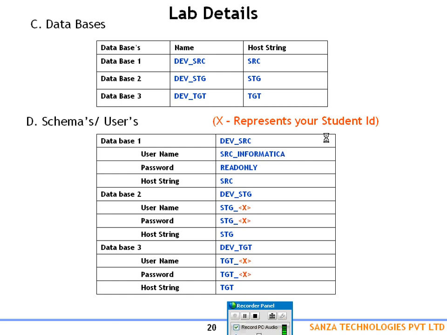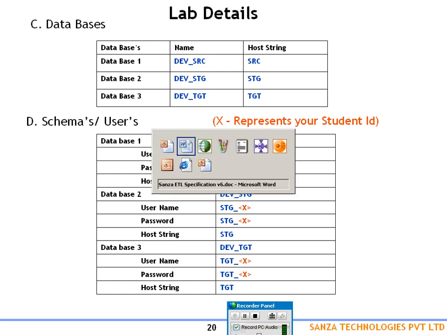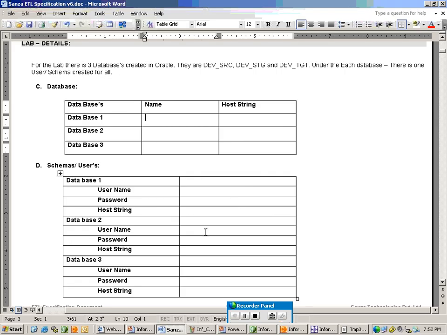For database 1, the name is DV_SRC, username is SRC_informatica, password is read only, host string is SRC. For database 2, DV_STG, username STG_your ID. Here, your ID means the Sansa ID which we have provided: STG_Sansa example 01 batch 9.